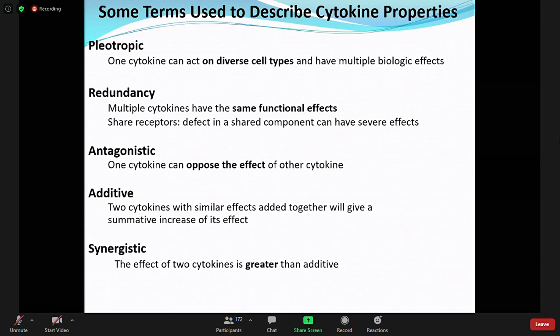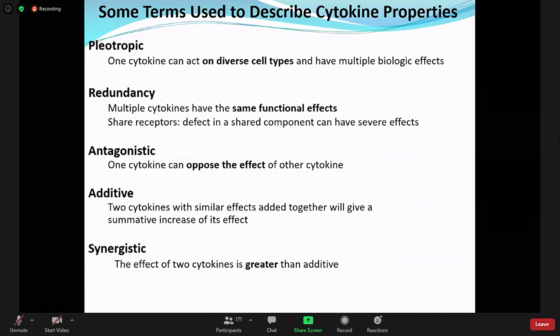Cytokines may be either additive or synergistic. Additive refers to the fact that, as you've learned in pathology, during an inflammatory response you have IL-1 and TNF-alpha together, and the effects of both, say, double the inflammatory response.